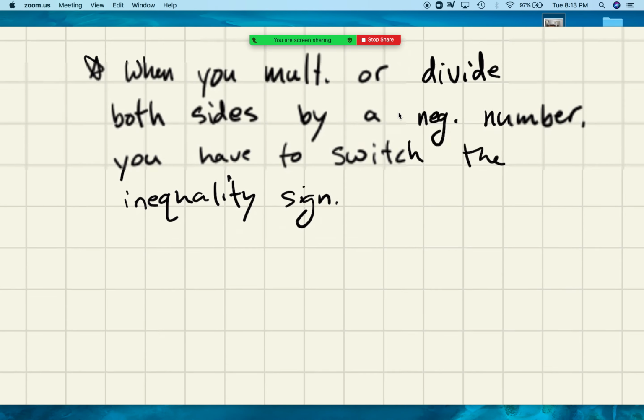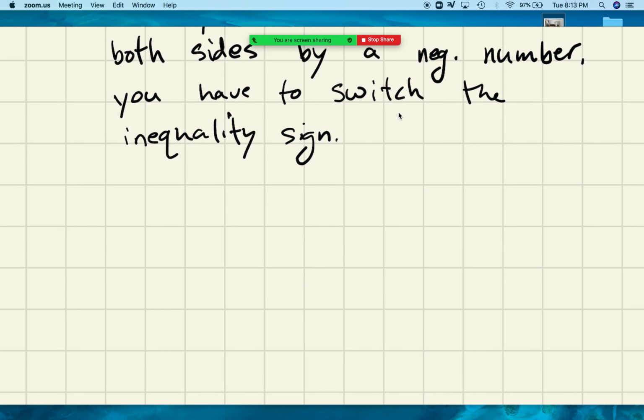So if I have something like this, let's say 2 minus 4x is less than, let's say, negative 6. On this one, I go about it the same way.